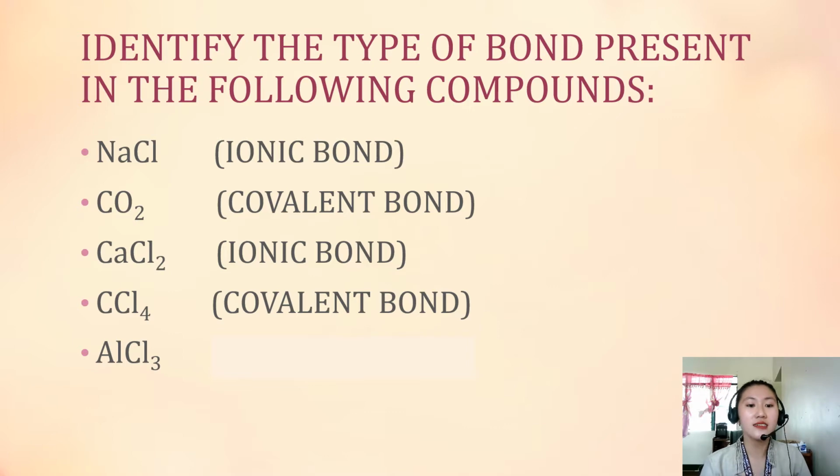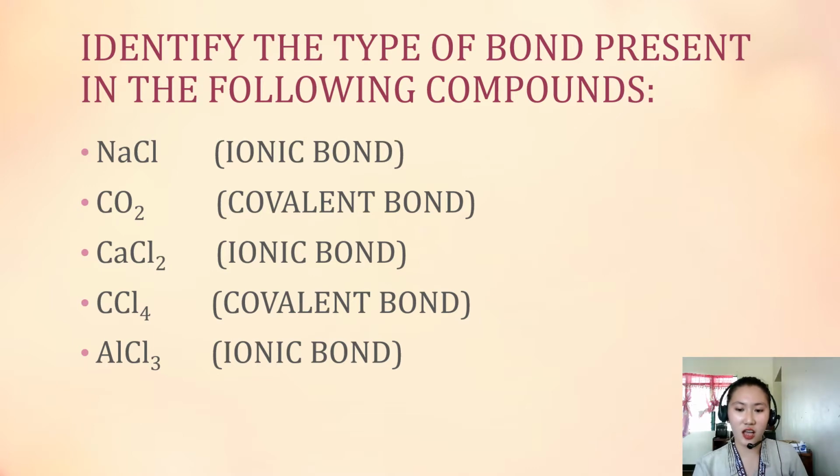So, AlCl3 is a combination of metal and non-metal. So, this means it is an ionic bond. Okay, very good. So, nakuha na ba? Okay, madali lang siya. So, kailangan nyo lang ng periodic table of elements para ma-determine yung type of bond, whether it is ionic or covalent. Okay?